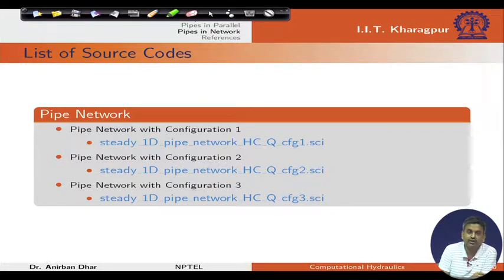You can also change the network configuration, or maybe you can change k values or our difference in elevation del h, or you can add pump to this problem to see what are the changes occurring during the solution process.